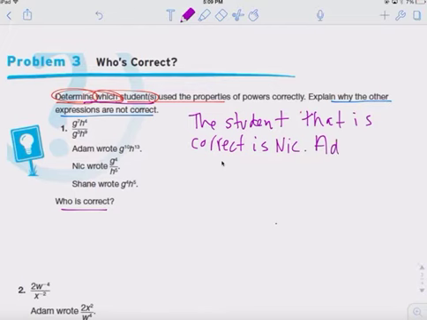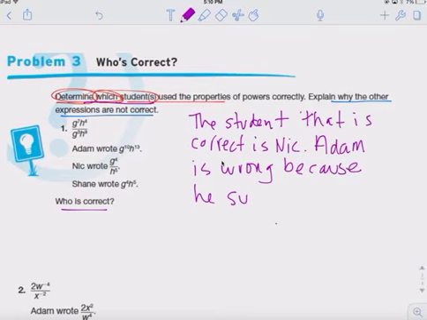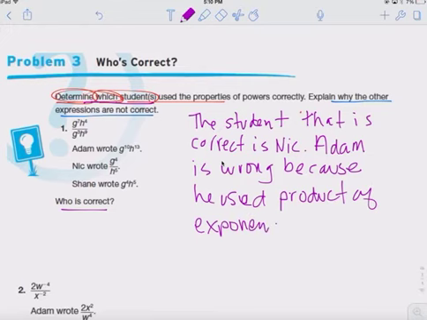Adam is wrong because he added the exponents, or because he used the product rule of exponents, which is adding exponents.